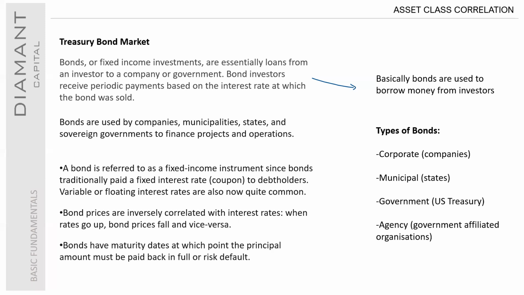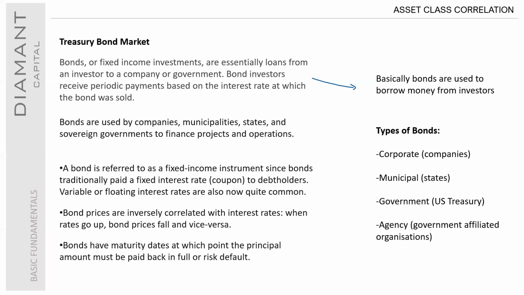So bonds are used by companies, states, sovereign governments, and municipalities to finance projects and operations. A bond is referred to as a fixed income instrument since bonds are traditionally paid a fixed interest rate, which is called the coupon or the coupon rate, to debt holders.